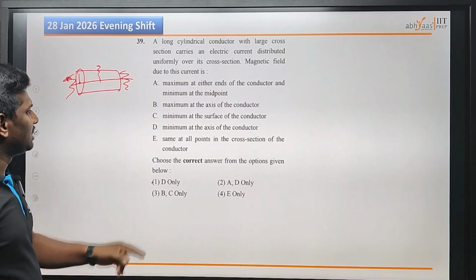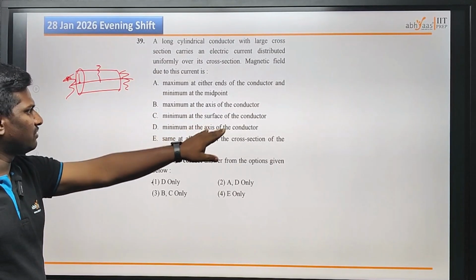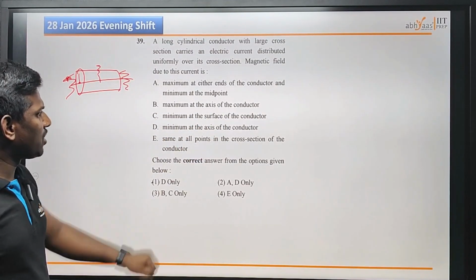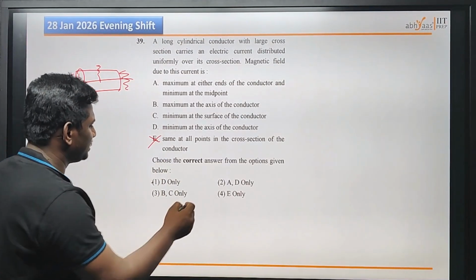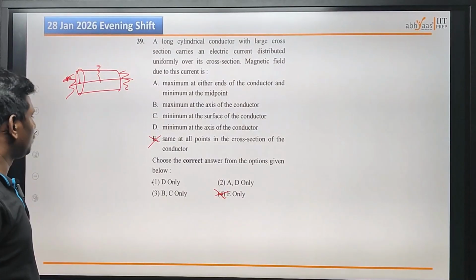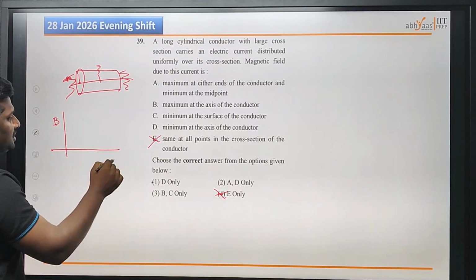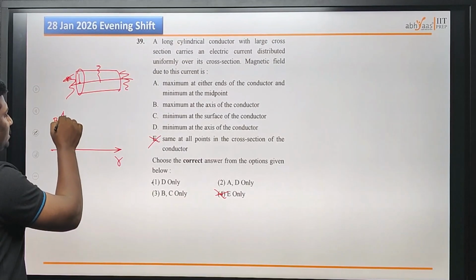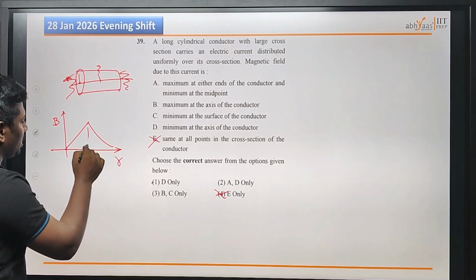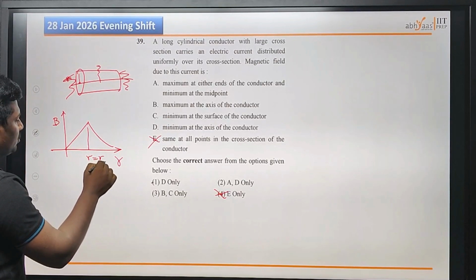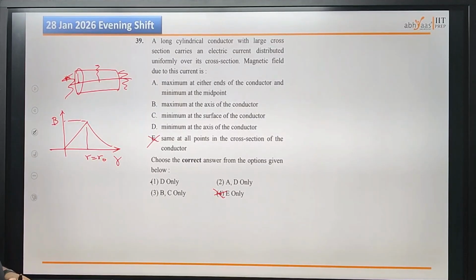Next one, D, minimum at the axis of the conductor, and C, minimum at the surface of the conductor. The option that says the field is the same at all points on the cross-section is wrong. This is our magnetic field, and this is our radius R. At the point R equal to R naught, this is our maximum condition.